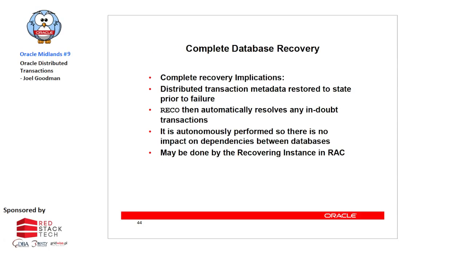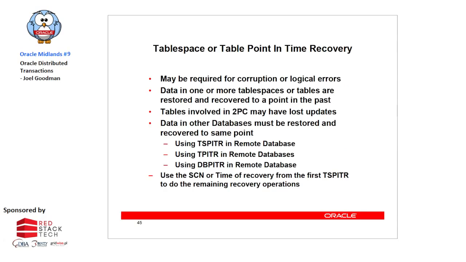Okay? So complete database recovery, distributed transaction restored to the state prior to failure. Recoverer then automatically resolves any in-doubt transactions. It's done automatically. It may be done by the recovering instance in RAC, because you only have one instance doing recovery in RAC. Tablespace or table point in time may be required also for corruption or logical errors.